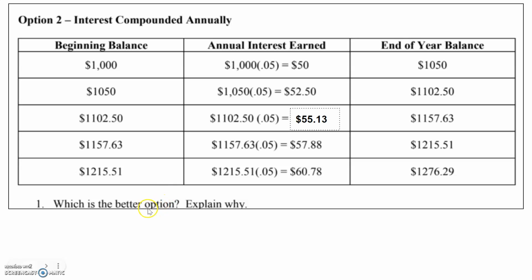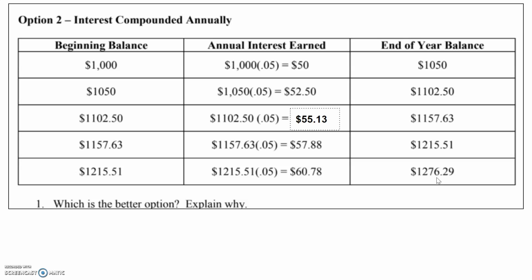Hopefully it's easy to see that the better option is to earn interest on the interest. Now your money is earning money on itself. Money that you haven't invested but you have earned through interest is paying off with earning additional funds and additional interest. And you can see after 5 years in this example, instead of $1,250, we're at $1,276.